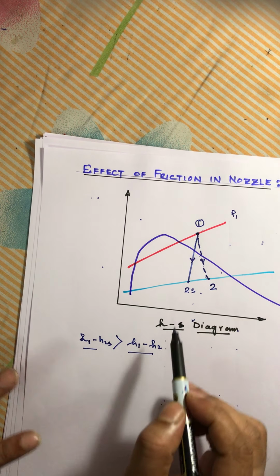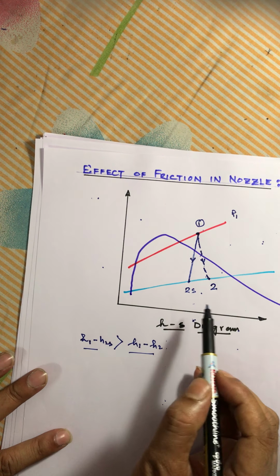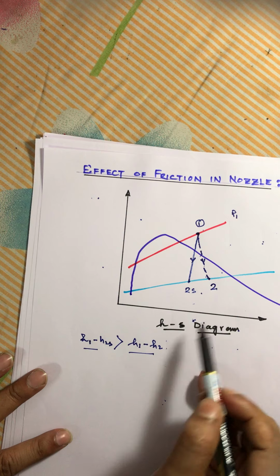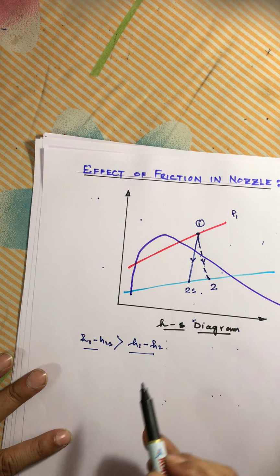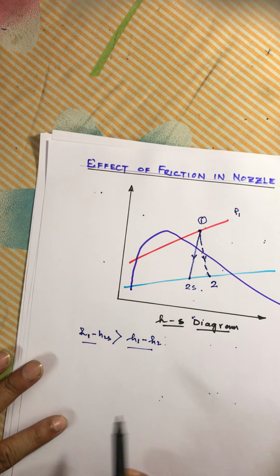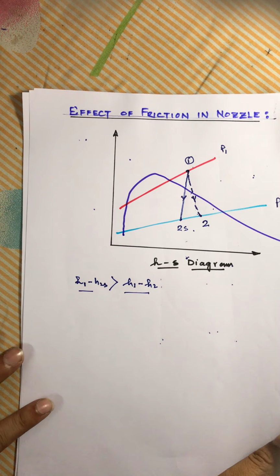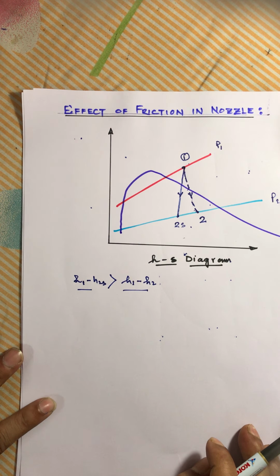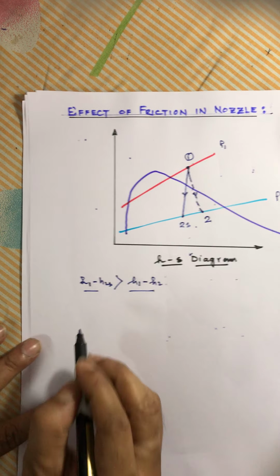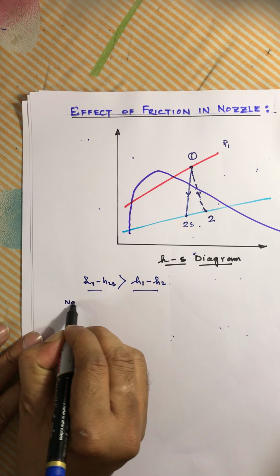And if we consider the enthalpy drop due to the friction, that means whenever we consider the friction in the nozzle, then there will be another term, that is nozzle efficiency or coefficient of nozzle.